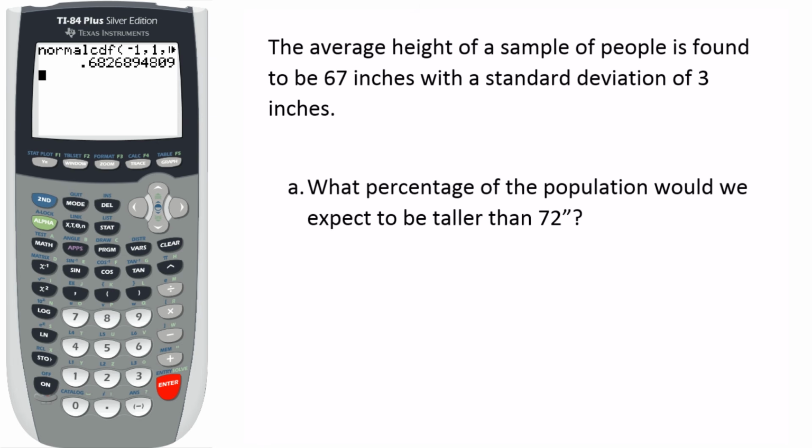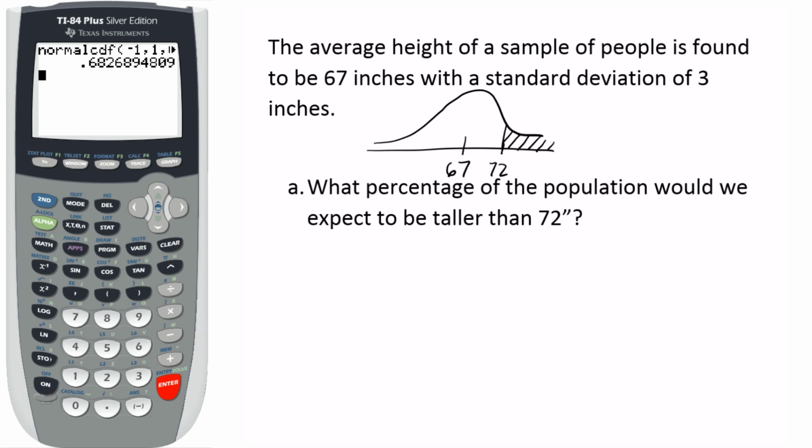So let's first draw our distribution. So we have a mean of 67, so that'll be right in the middle. And then we want to find the percentage of the population taller than 72 inches. So that'll be above the mean, and so what we'll be finding is this area right there.